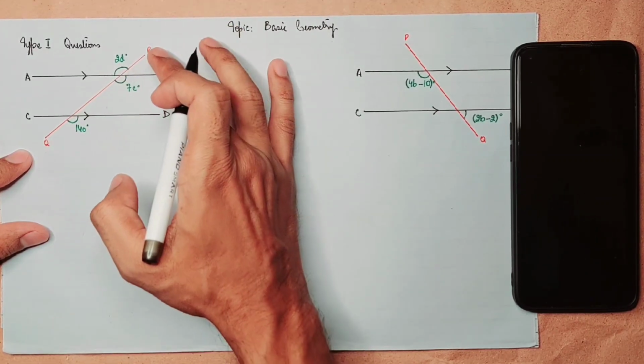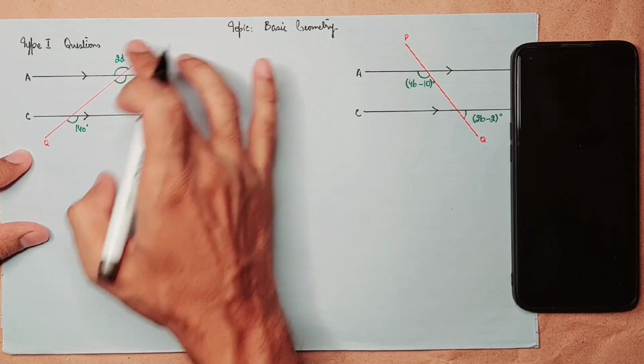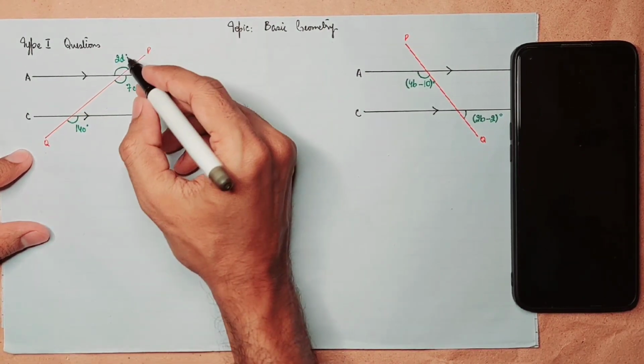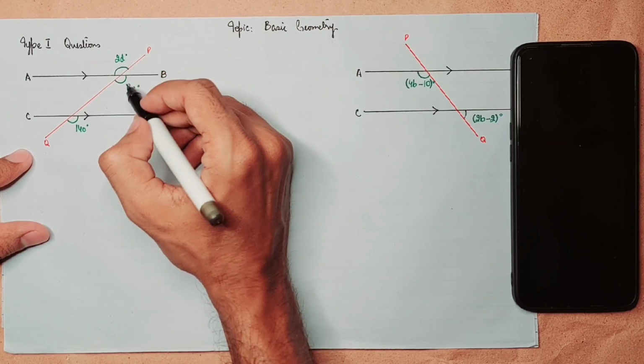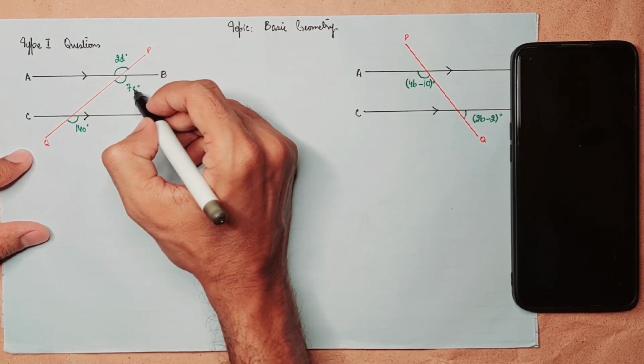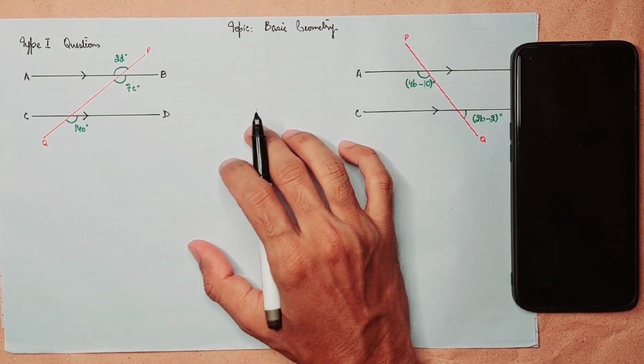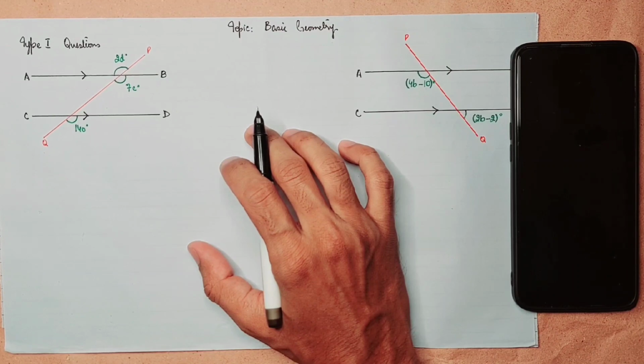While the transversal PQ intersects the pair of parallel lines, various angles are formed. Two of the angles are 2D and 7C, and one of the angles is 140. Now we are going to solve for the unknown angles using the various properties of angles which we have already discussed in the previous lesson.